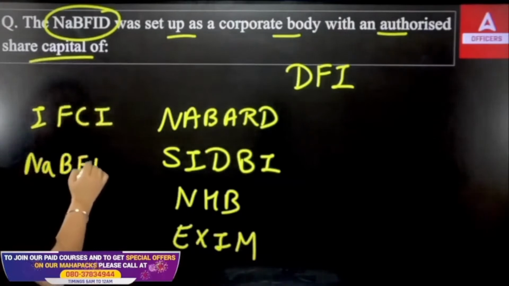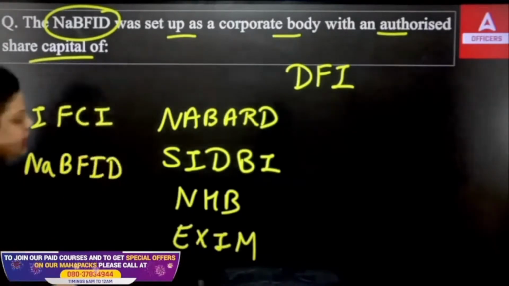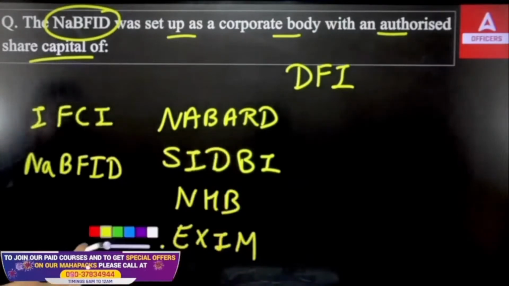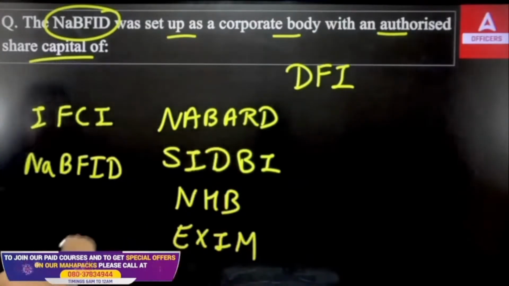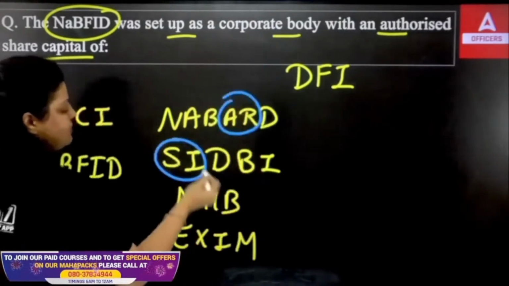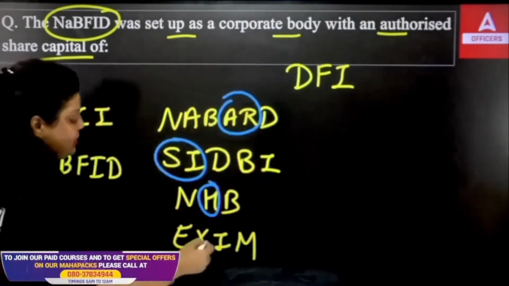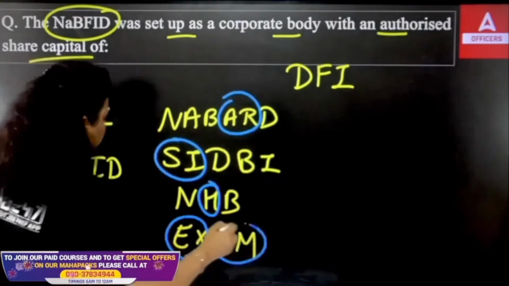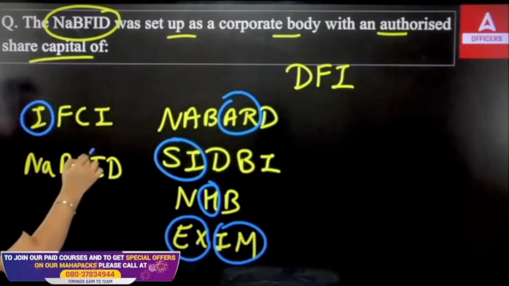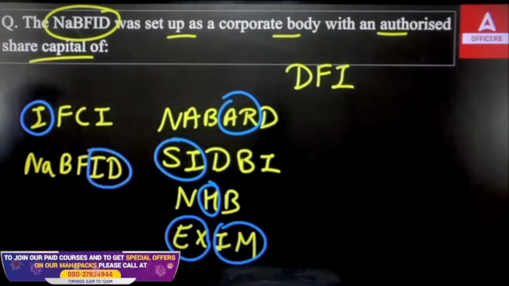So these are the development financial institutions, and they work for a particular sector only. Like you can see, NABARD works for agriculture and rural development, SIDBI works for small industries, NHB works for the housing sector, EXIM works for export and import, IFCI works for big industries, and NABFID works for infrastructure development.